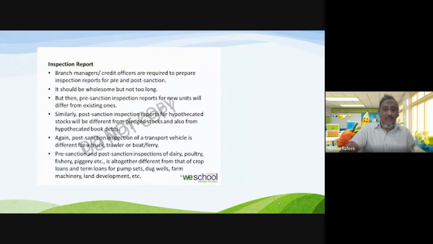Again, post-sanction inspection for a transport vehicle is different for a taxi, a traveler, a boat or a ferry. Pre-sanction and post-sanction inspections for dairy, poultry, fishery are altogether different from those for crop loans and term loans, for pump sets, dug wells, farm machinery and buildings. So depending on the business, the inspection differs.